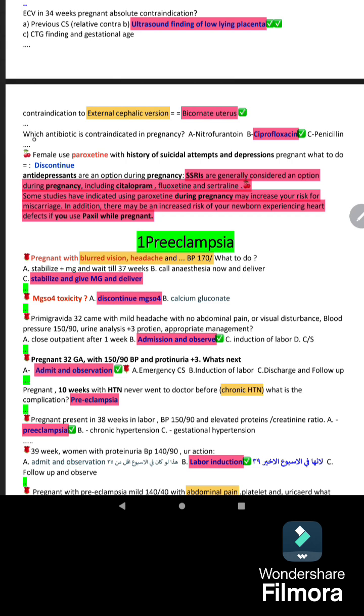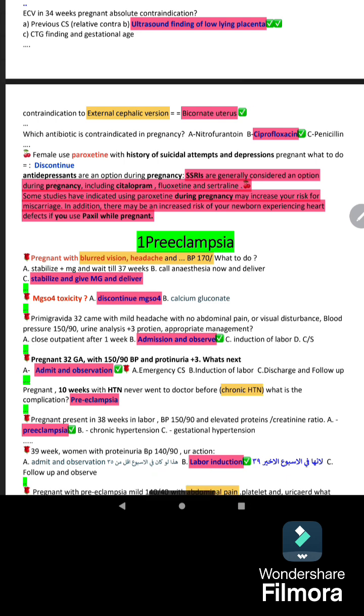A female uses paroxetine with a history of multiple suicidal attempts and depression. She wants to get pregnant, what to do? Okay. In this case, paroxetine is known to have a high risk for miscarriage in pregnancy, so we don't give paroxetine in pregnancy.